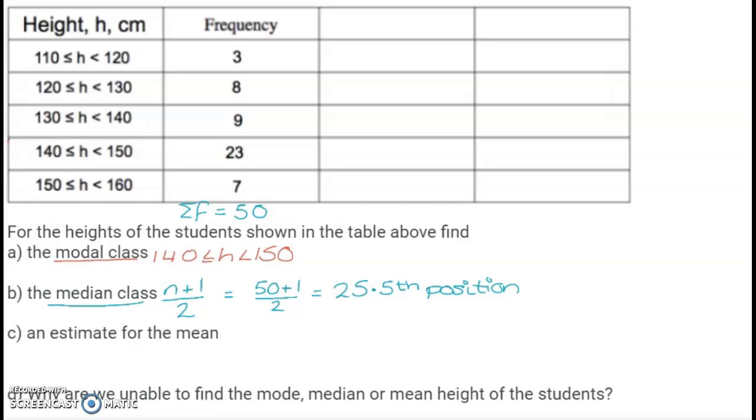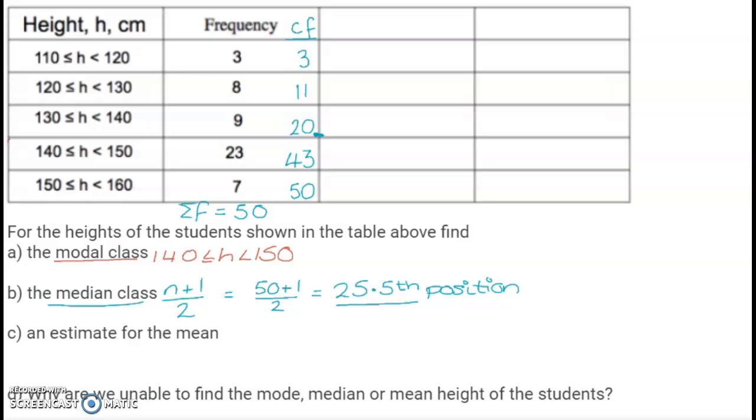If I calculate the cumulative frequency, I can see that I have 3 students. Add 8 takes me to 11 students. Add 9 takes me to 20 students. Add 23 takes me to 43 students. Add 7 takes me to 50. To find the 25.5th student, I know that up to student 20 is here in the 130 to 140 category.